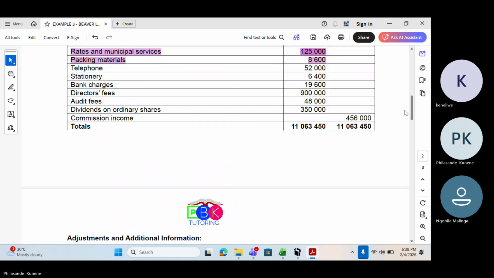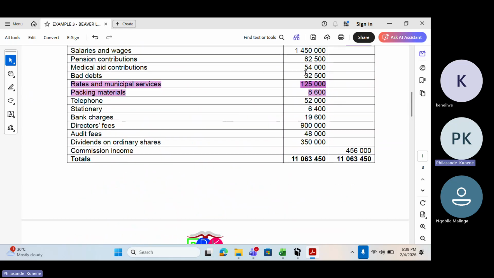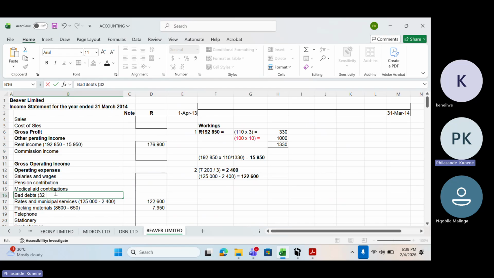So the bad debts, I have 32,500 rands, plus 5,000 rands. That is going to be 37,500 rands. This is my bad debt for the income statement.